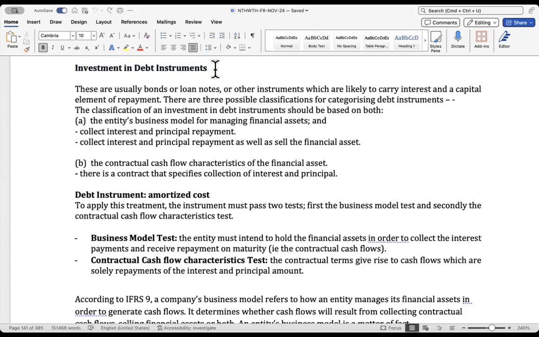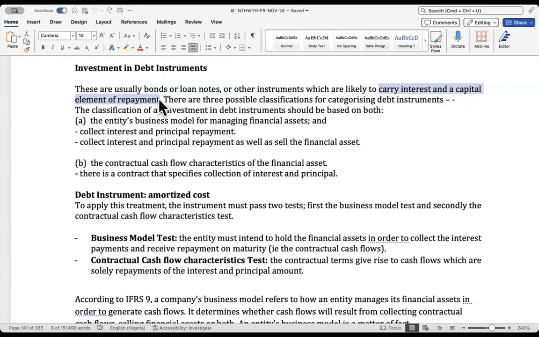Investment in debt. This is when you lend money to someone, like bonds, loans, or other instruments which are likely to carry interest and a capital element of repayment.